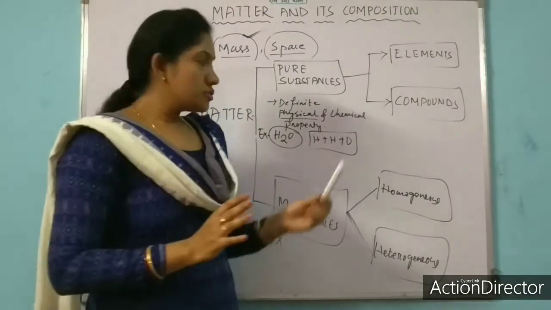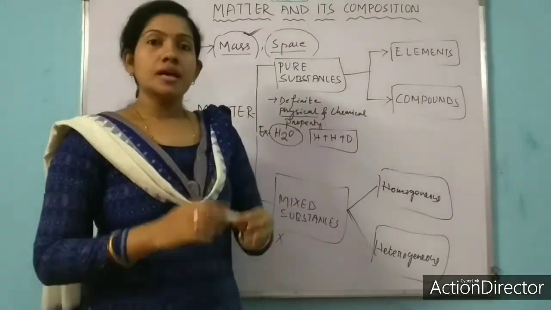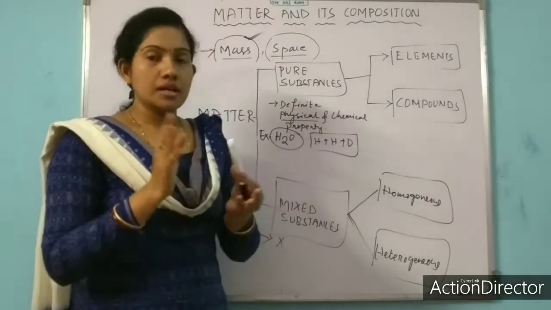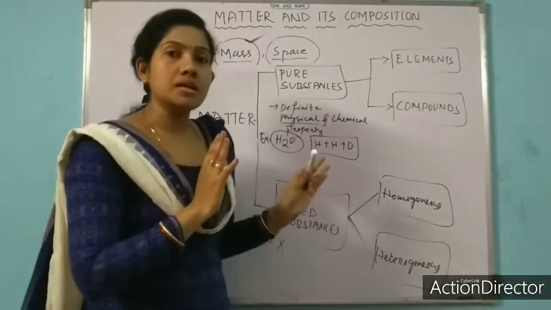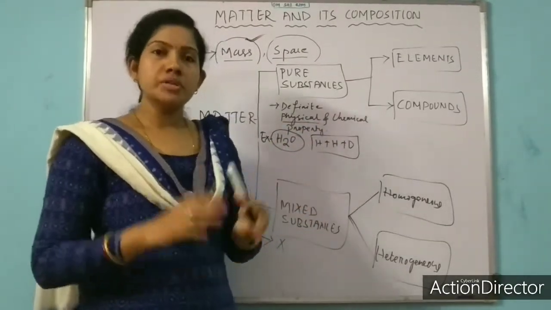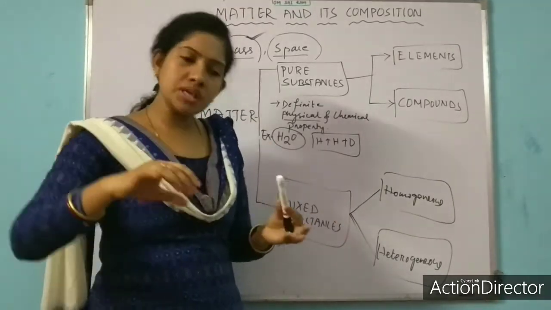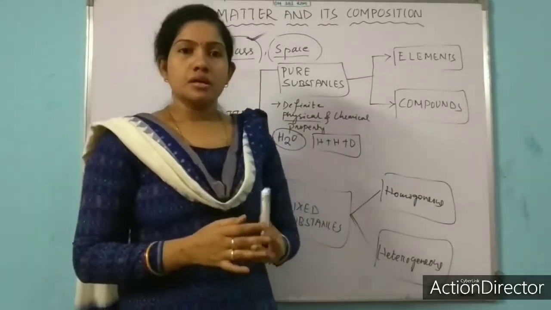Okay, understood? So we can call water a pure substance because of its chemical and physical behavior. I already told you about chemical behavior. What about physical behavior? Suppose I take a glass of water from a jar.